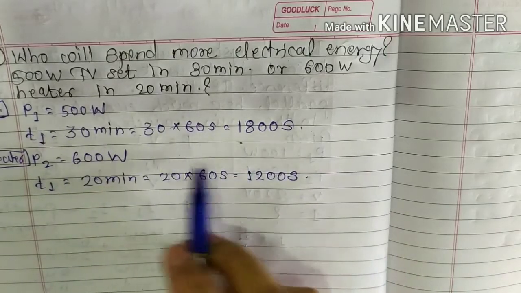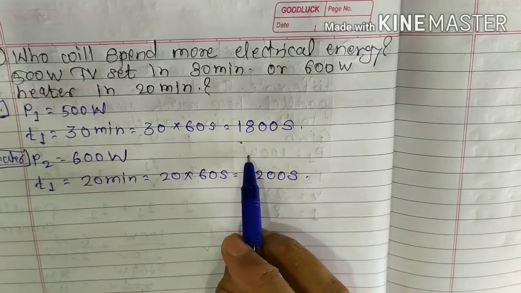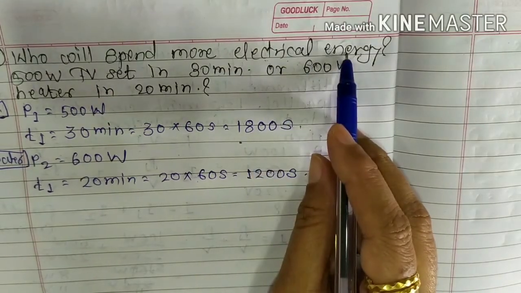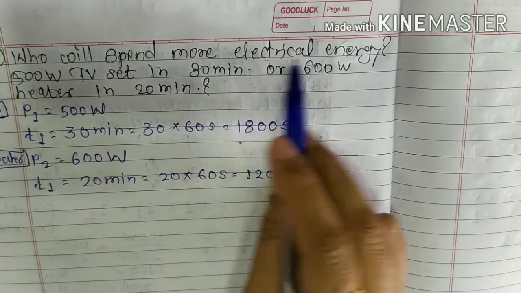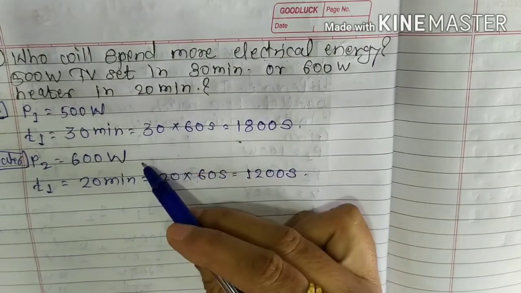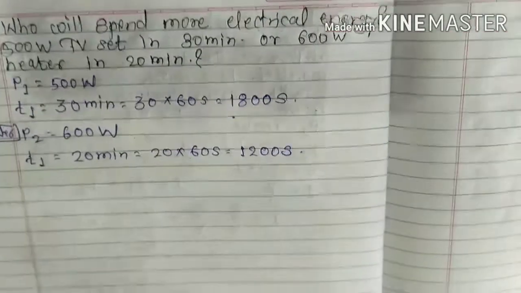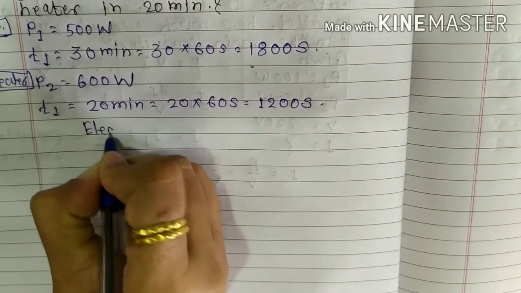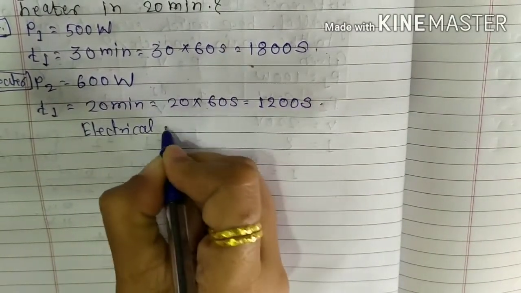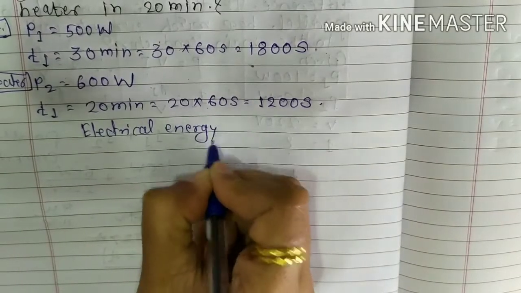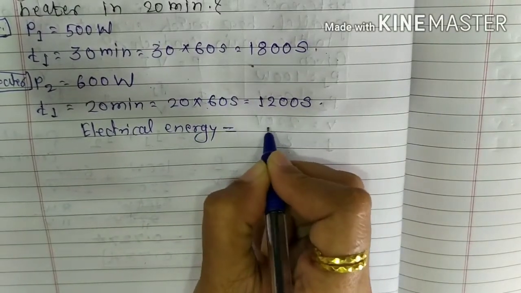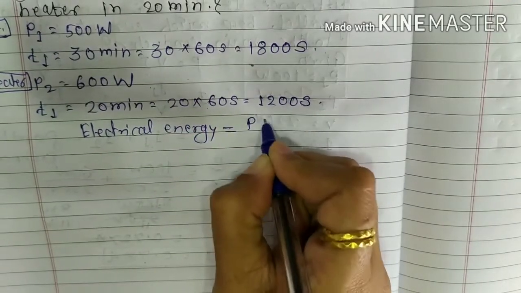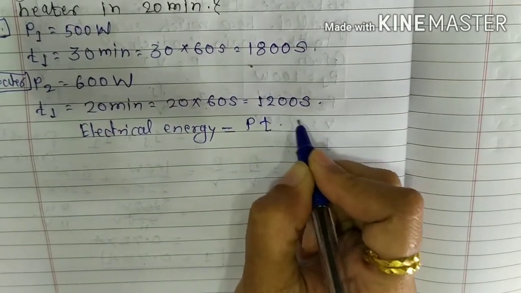So this is the total information, and we have to find out the electrical energy. Who spends more electrical energy, the TV set or the heater? Hence electrical energy spent is equal to power into time, P into T.